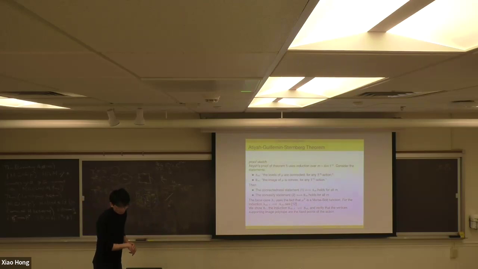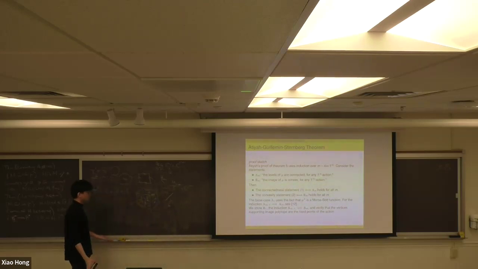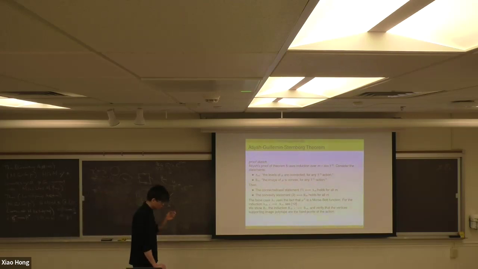And this is the sketch of the proof of the Atiyah-Guillemin-Sternberg theorem. So there are three statements, and the last two are the convexity results. Atiyah did this using induction over the dimension of the torus.